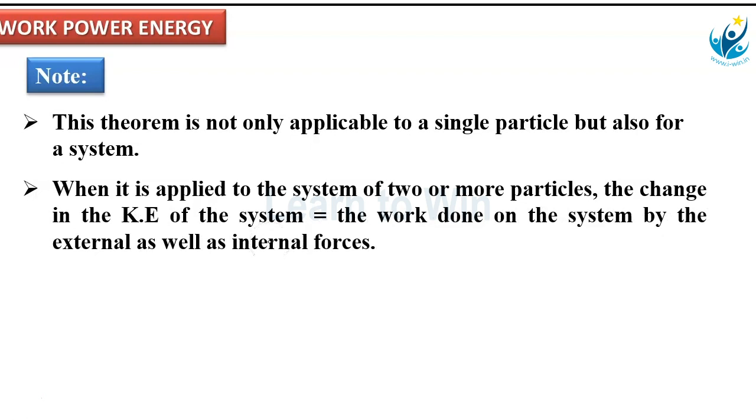That means the work done by all the forces, whether external or internal. If you apply this work energy theorem for a system, the total change in kinetic energy of the system is the work done on the system by the internal and external forces.